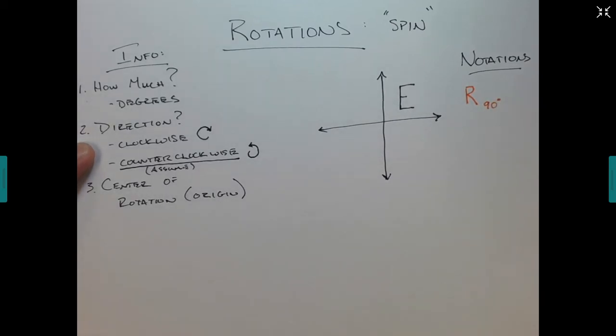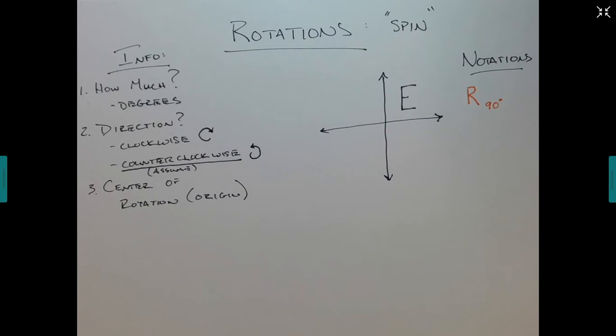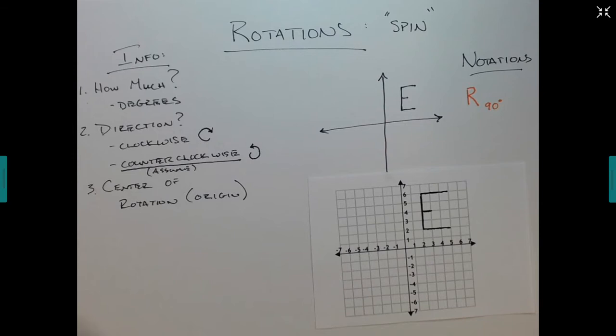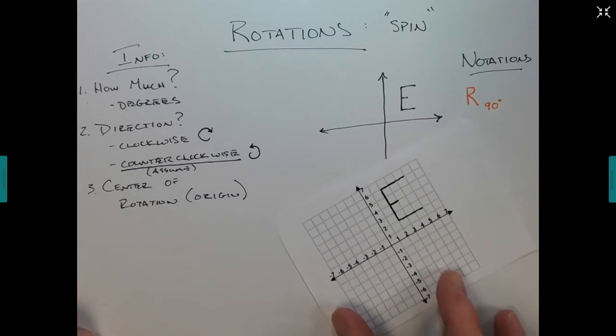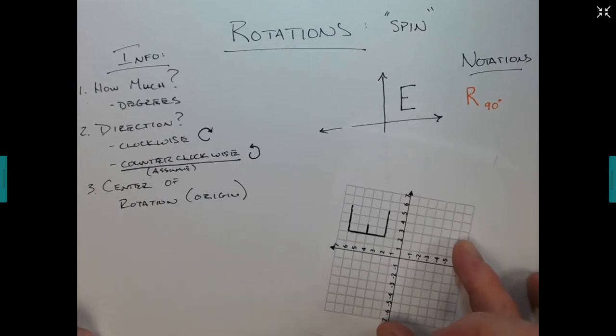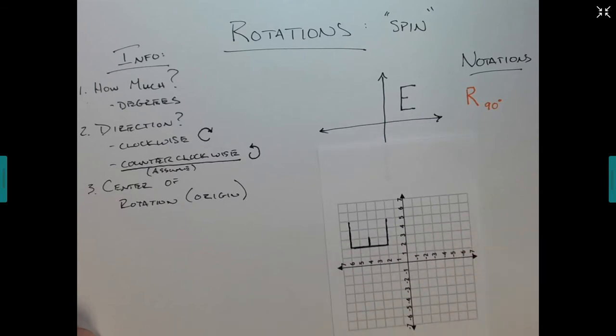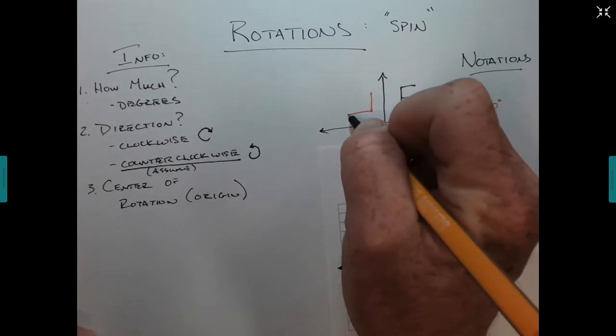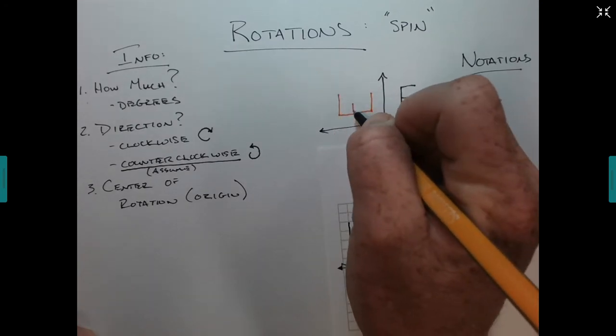I didn't mention the direction, so we are assuming counterclockwise. All right. The nice thing about rotations is if I take an example of the scenario like this, I can physically rotate. Here's against the clock, 90 degrees. A 90-degree counterclockwise rotation should end up here, looking like this.